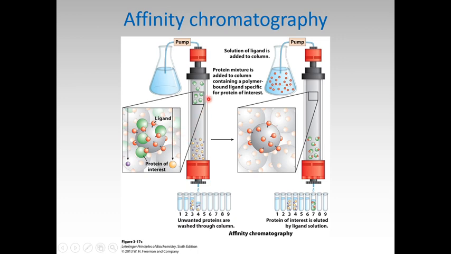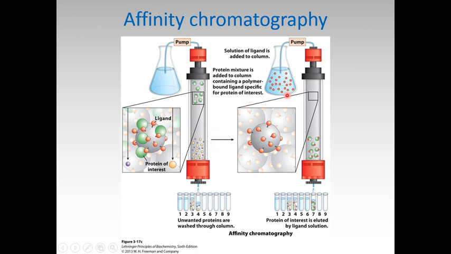When a protein mixture is added to the column, any protein with affinity for this ligand binds to the beads. So this protein is essentially retained in the column, and its migration through the matrix is retarded.